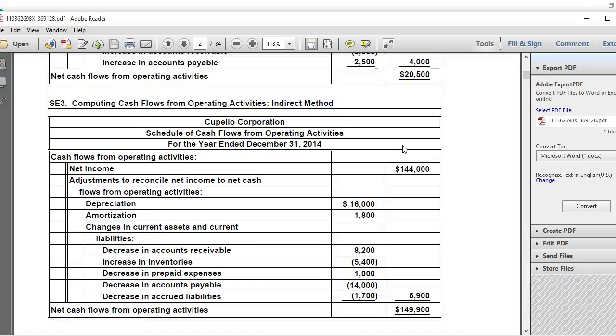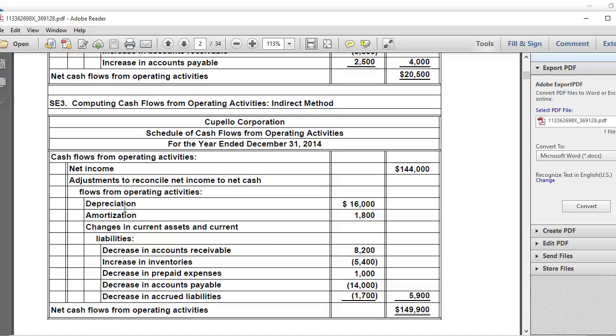Then it says adjustments to reconcile net income to cash. Depreciation reduces net income, but we don't use cash to do it. So we're going to add that money back because we're trying to determine our cash based on our net income.